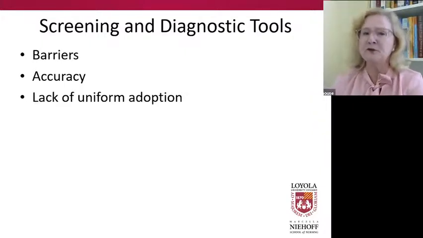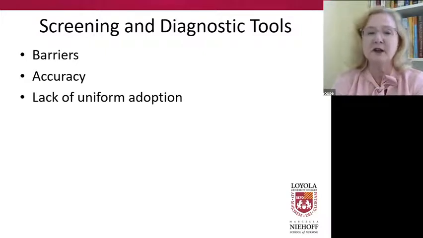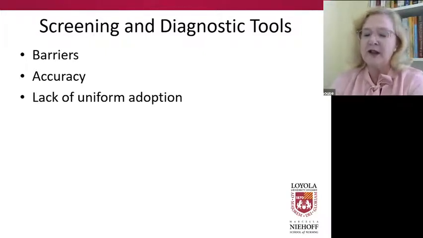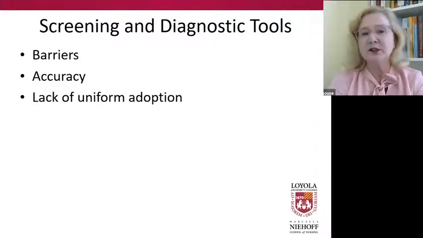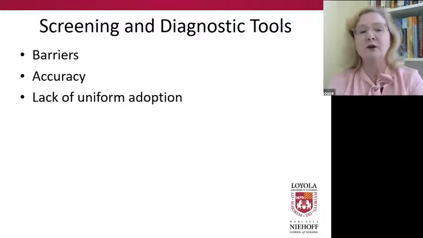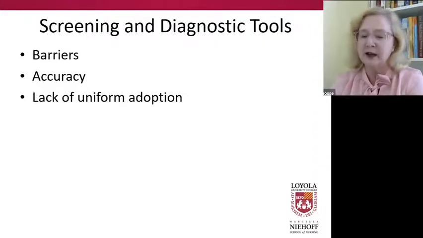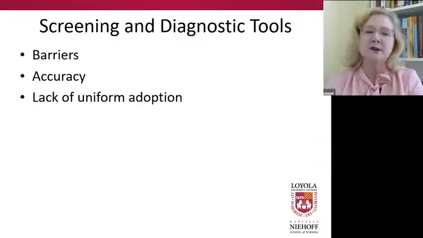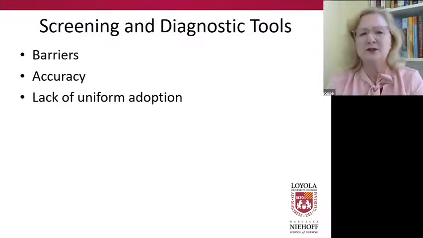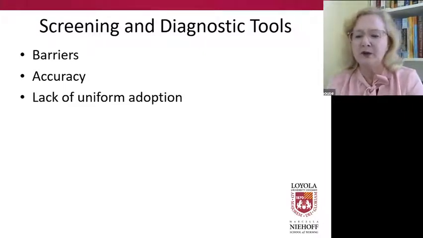Maybe the facility has not adopted a standardized screening tool or diagnostic tool. And then accuracy is also an issue because the nurses or physicians need to be trained on how to use these screening and diagnostic tools. Another barrier is that you can diagnose or screen a patient, but then what do you do with that information? Not having a plan in place is another problem.